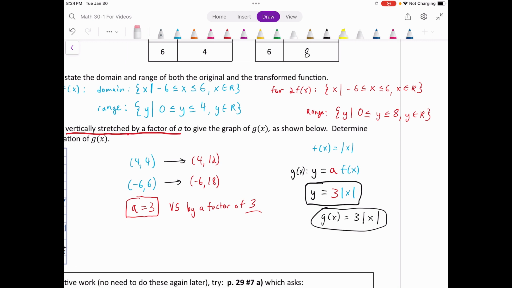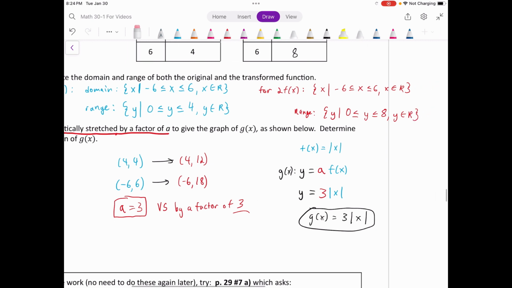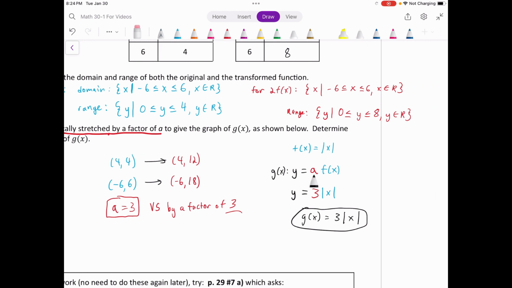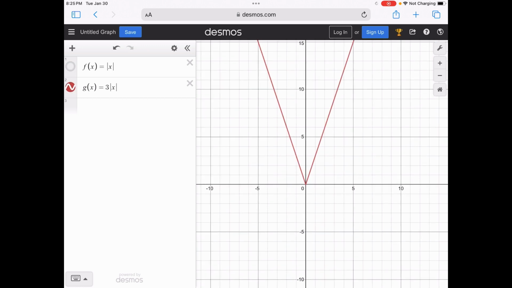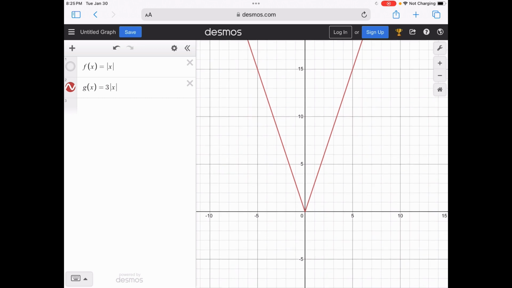Okay, and that isn't dependent on f of x, right? We know g of x is 3 times f of x, but this is now an equation I could just graph. Let's take a look at it. All right, so in blue here, I've got the original, right? You can see on the left there, f of x equals absolute value x. And then in red, that's the equation of the transformed function that we came up with. G of x equals 3 times the absolute value of x, right?